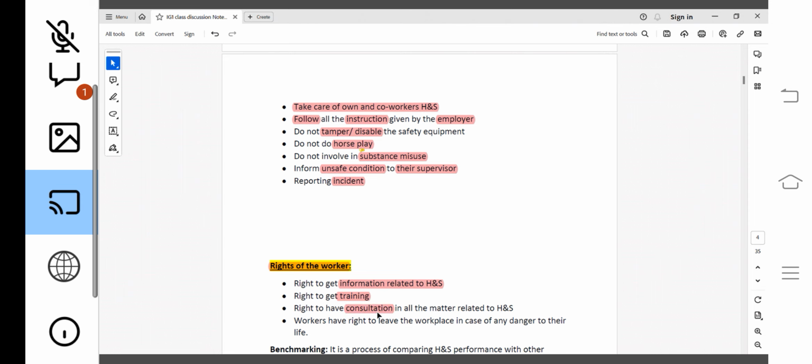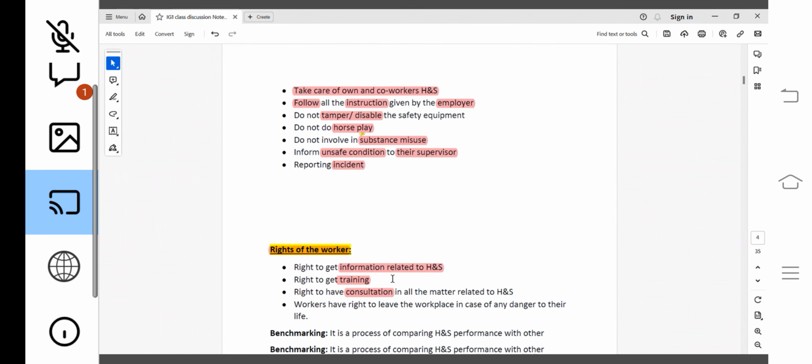Now, when you say consultation, what do you understand by consultation? And information. What is the difference?